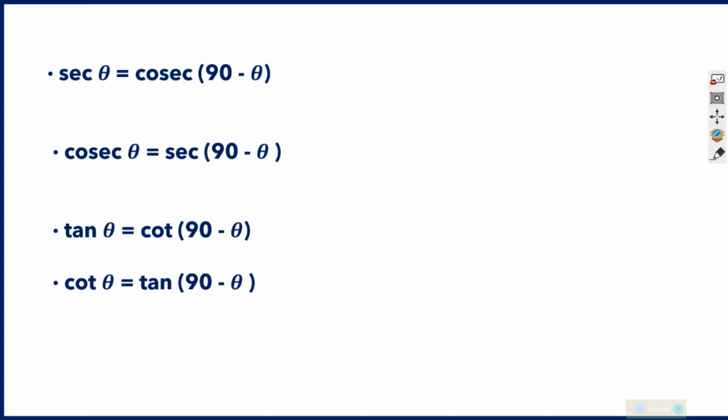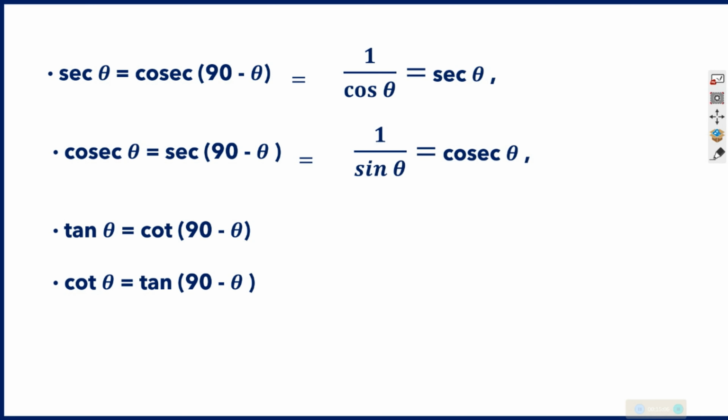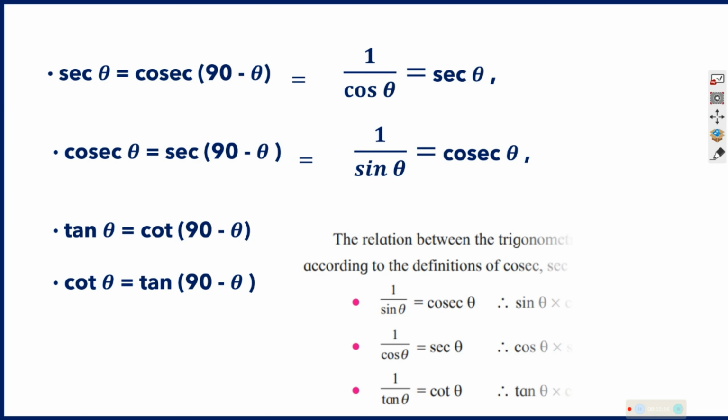Now, when we again think of after the table, we know that we learned 2-3 things now. One is about sin theta, cos theta, tan theta, and from there we came to the concept of cosec, sec, and cot now, and the relationship between 1 upon cos theta, which is equal to sec theta, which is equal to cosec of 90 minus theta. When you connect all these things, you are having a matter of 9 different ratios now.